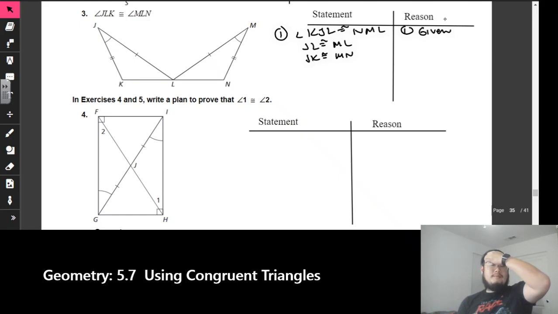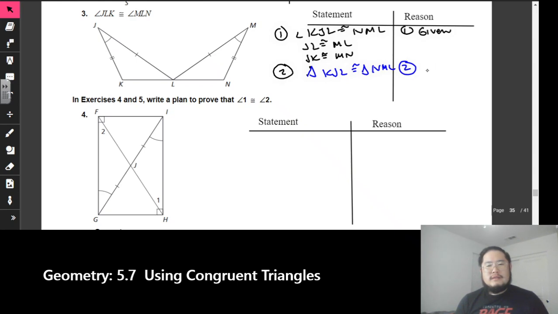And it looks like based off of that, they made things real easy for us. But remember, we should already know how to prove these triangles to be congruent. That's what the previous sections were about. So we have enough information to say that triangle KJL is congruent to triangle NML.